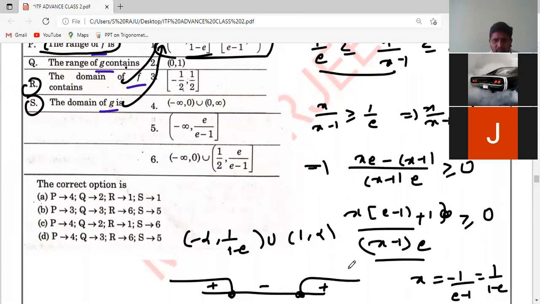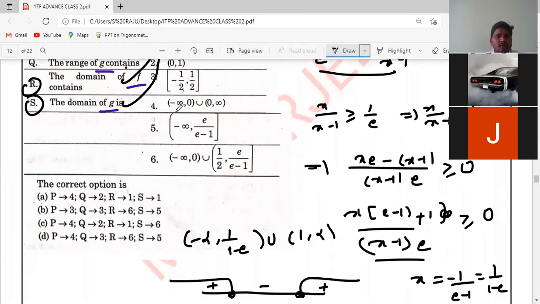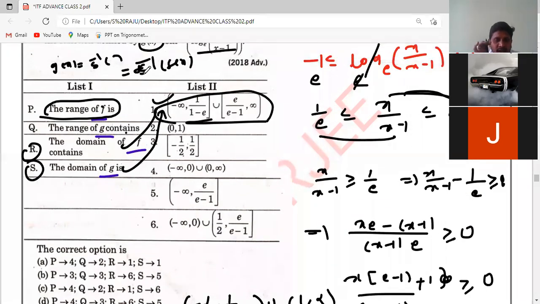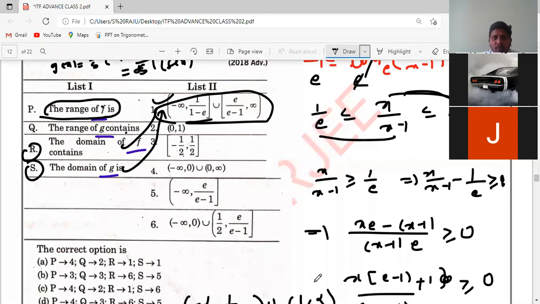It's already 11:35. Okay, students, you can try to find the range. I think finding the domain is very, very important, and based on the domain we will find the range. I hope that it is clear.